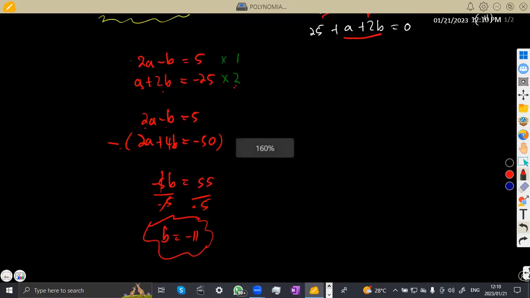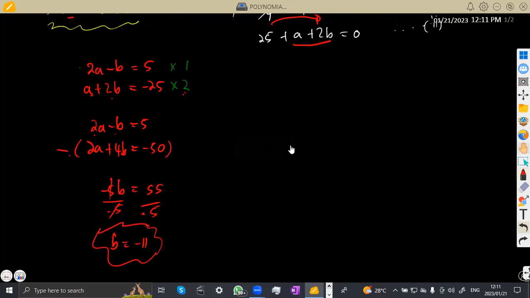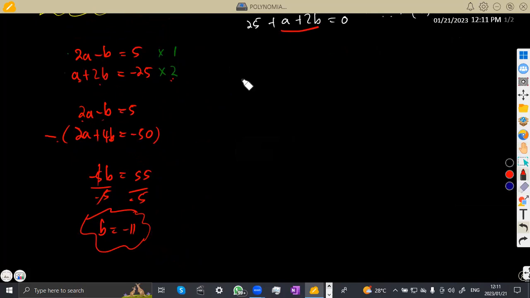To find the value of a, I can just substitute into any of these equations. Let me use the easier one on top, 2a minus b is equal to 5. Remember, b is minus 11, so it's going to be 2a minus 11 is equal to 5. So 2a is equivalent to 5 minus 11, because if we transfer to this side it will be a negative.